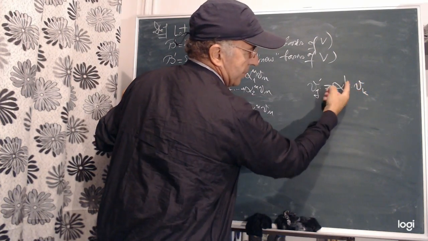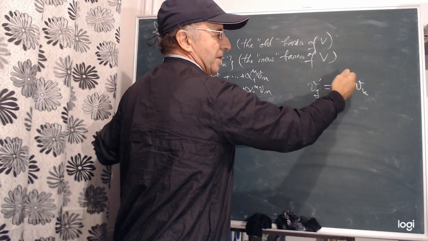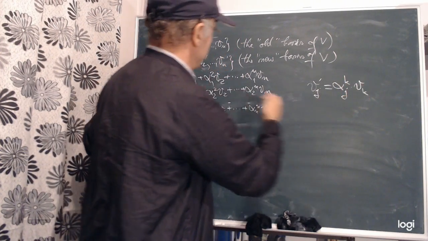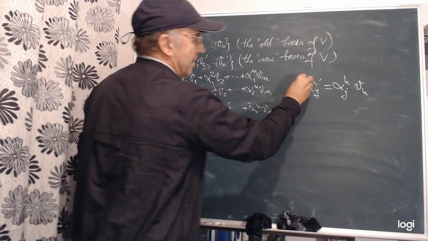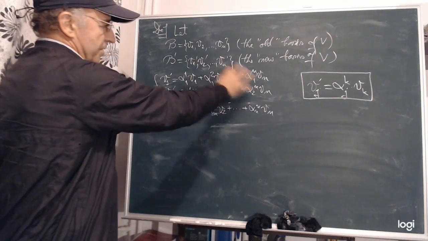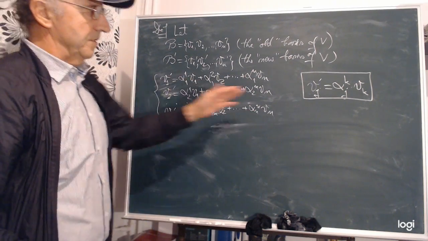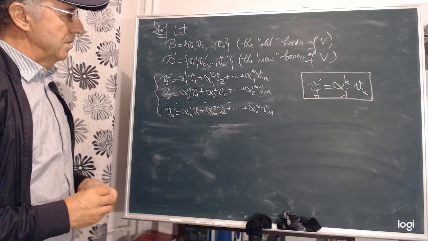Here we have a product, so we have a sum with respect to k. K takes values from 1 up to n. This is a shorter notation for this set of relations where j goes from 1 up to n.